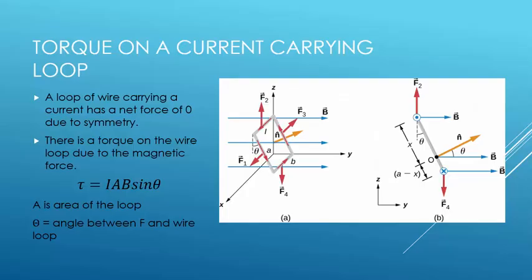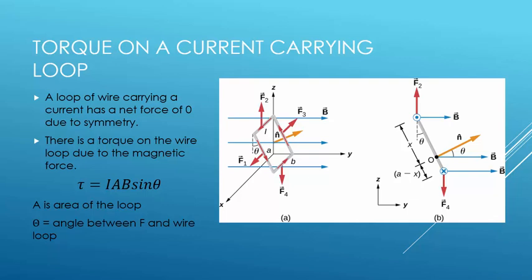And so the next topic is going to be where you have forces and you have currents and you have loops of wire, which is how motors are going to work. You're going to end up with torque on that rotating wire. You're going to rotate the wire in the field and end up with a torque on it.